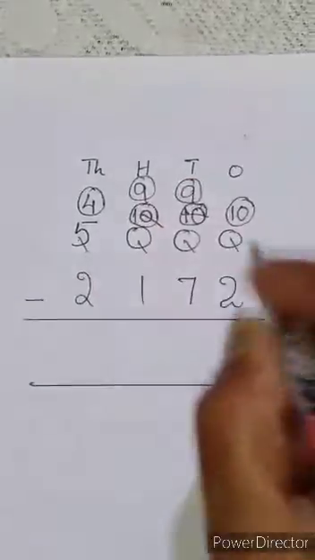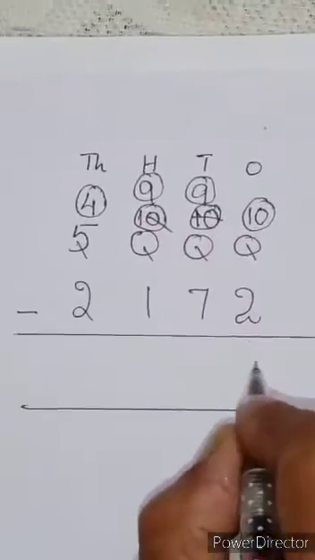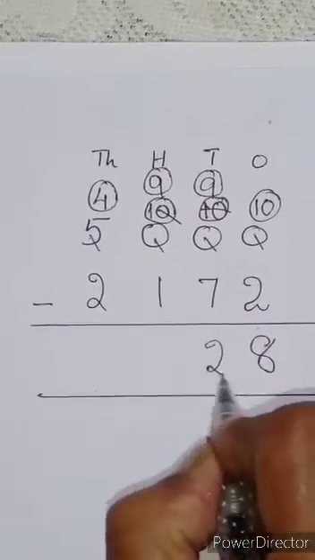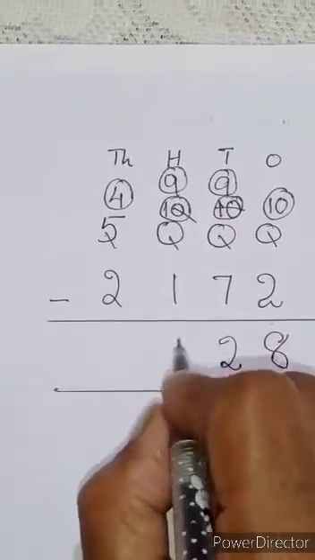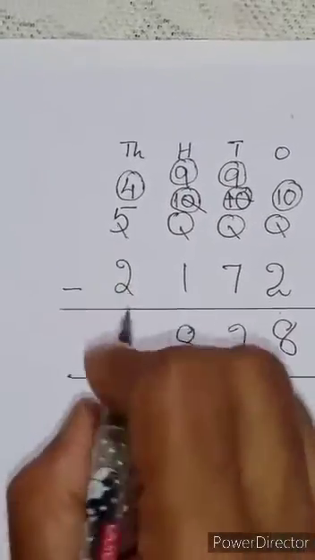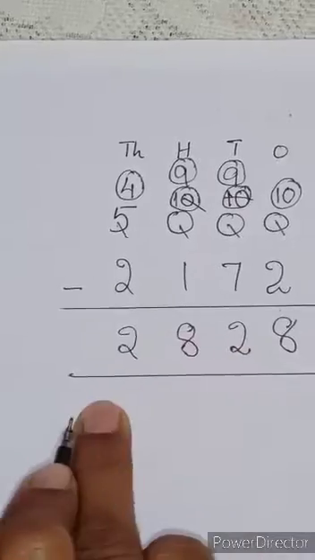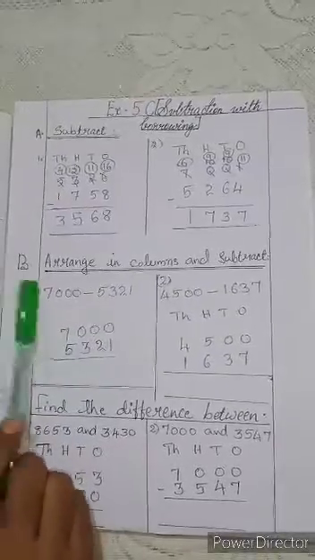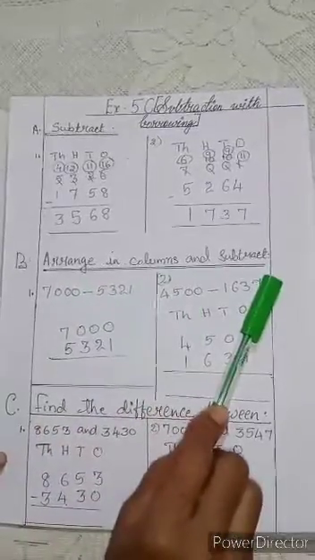Easily you can do now. Now 10 minus 2 you write 8 here, and 9 minus 7, 2. 9 minus 1, 8. Here it is 4. 4 minus 2, 2. So your answer is 2828.